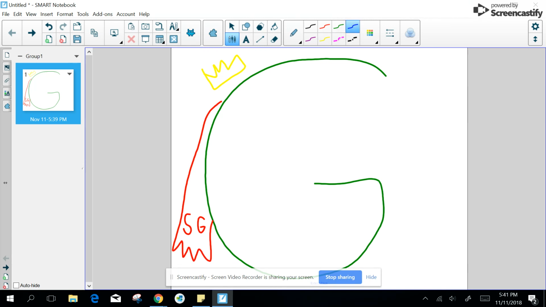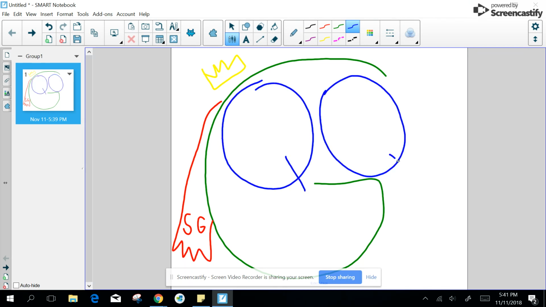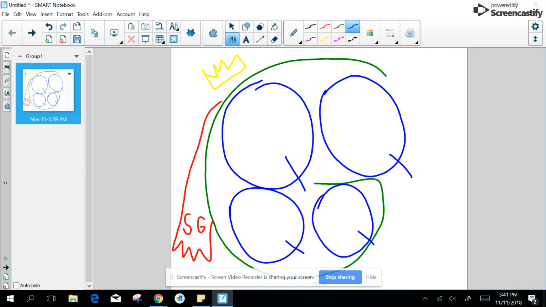And there's a story that goes along with Super G. So we're going to go the route of King Gallon. King Gallon lives in a land where he has 4 queens, and the queens represent quarts. So every gallon has 4 quarts.